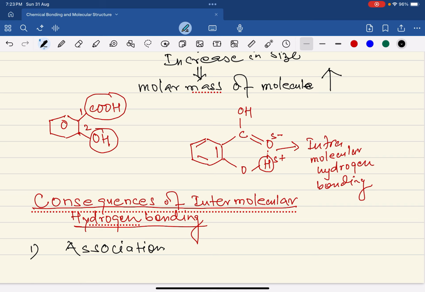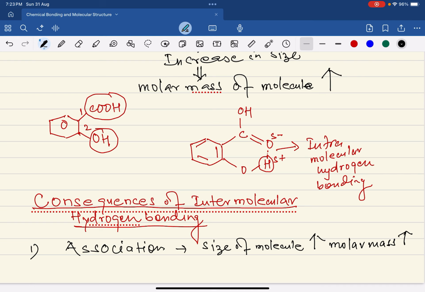We know that intermolecular hydrogen bonding causes association, and due to association the size of the molecule increases and the molar mass also increases.